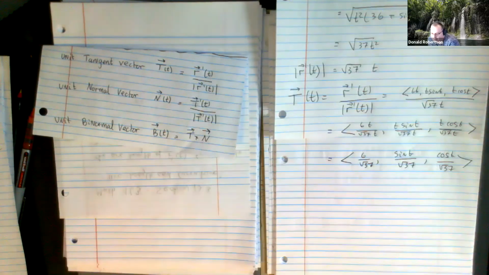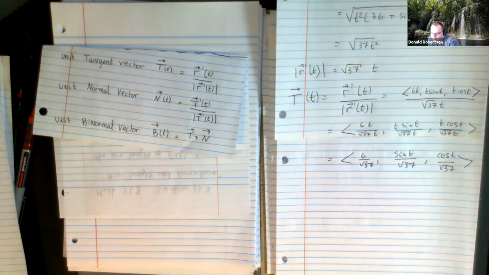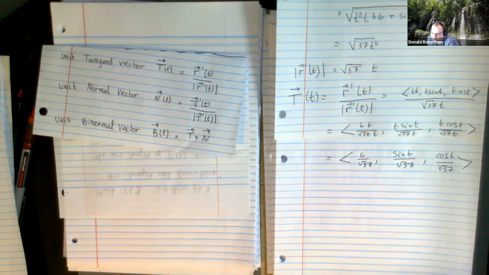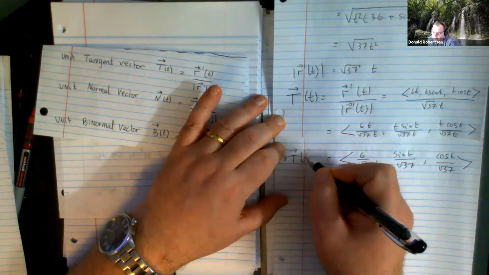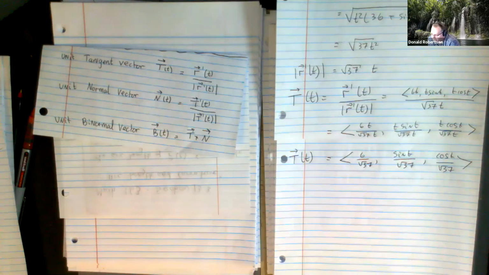And I think WebAssign is probably going to be quite generous about format, and it will take that. If it didn't take it, wouldn't you just rationalize the denominator in your second shot? So we have done half the question. We have found the unit tangent. So far, so good.